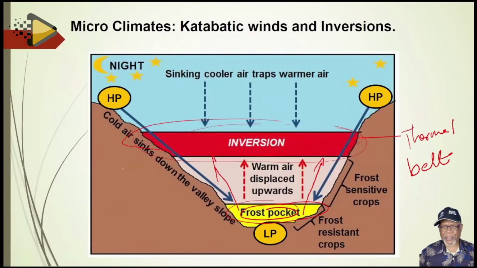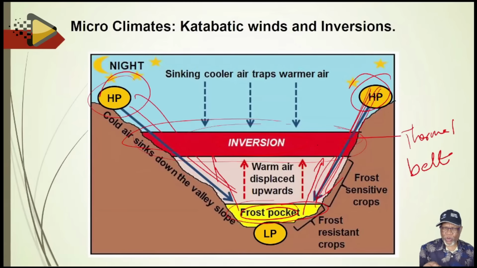So this takes place during cold, calm winter nights, where you're going to experience cooling because of terrestrial radiation and cold air accumulating up there and subsiding.